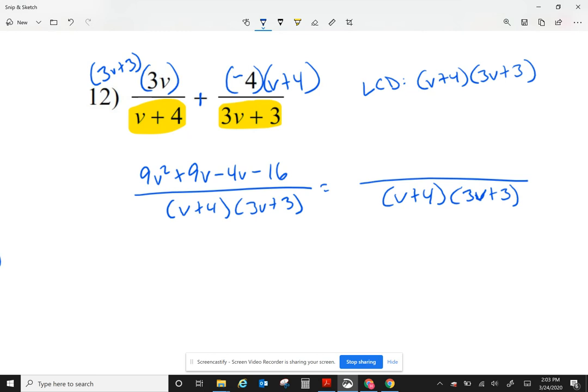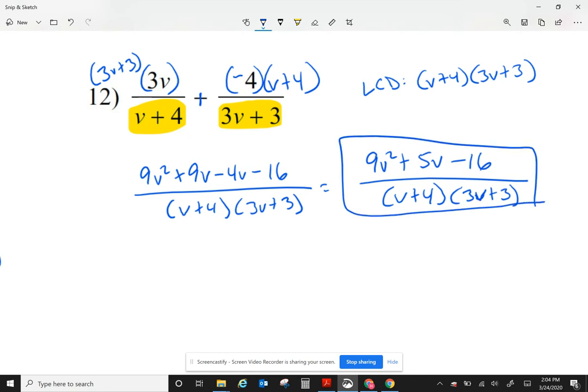On the top, let me combine the like terms. I have 9v squared plus 5v minus 16. That way I will type this. I have 9v squared plus 5v minus 16.